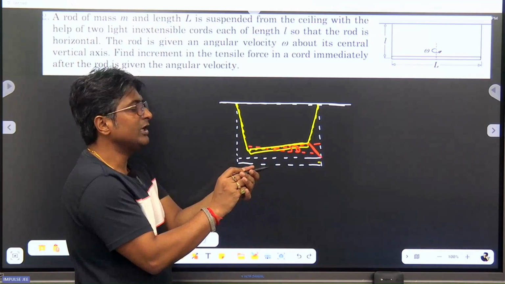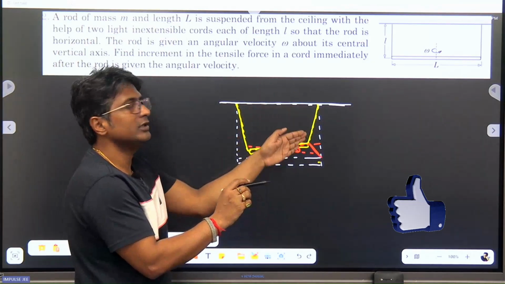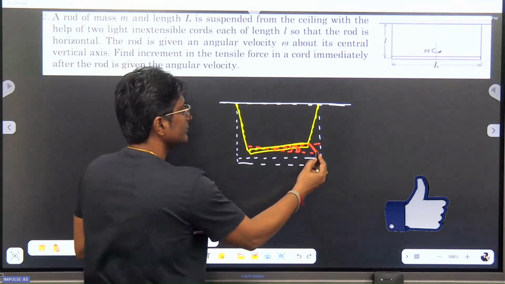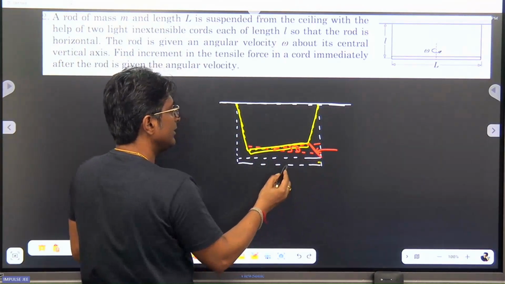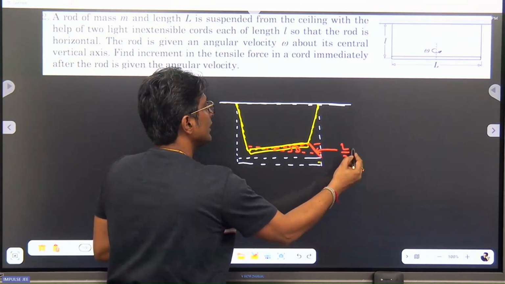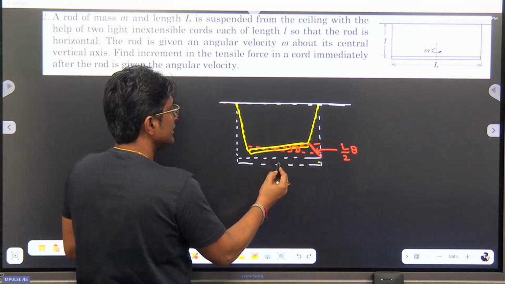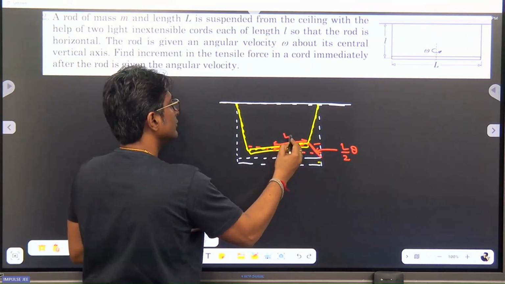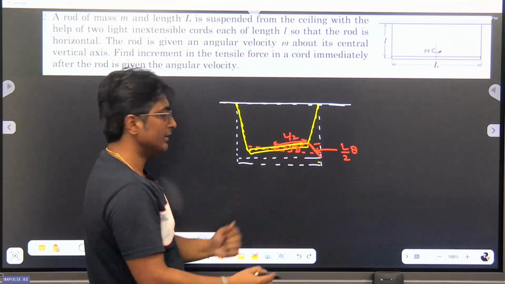Still it will rotate, but it will lift simultaneously due to this constraint of the string or rope. So this portion can be written as L by 2 times theta, because this length is L by 2.